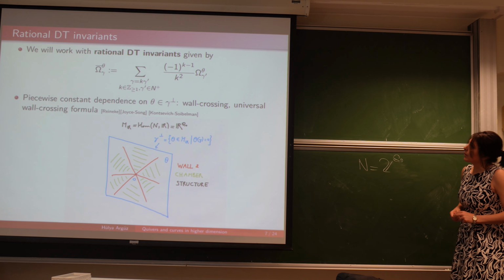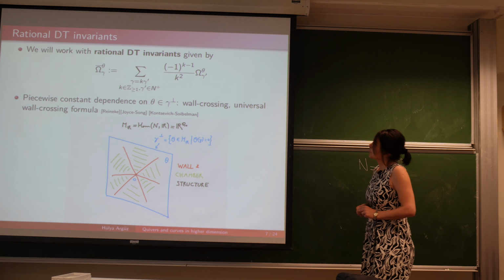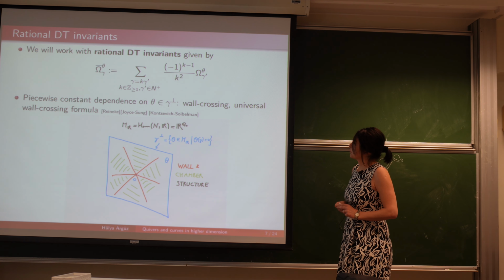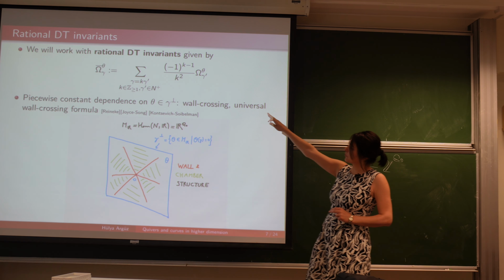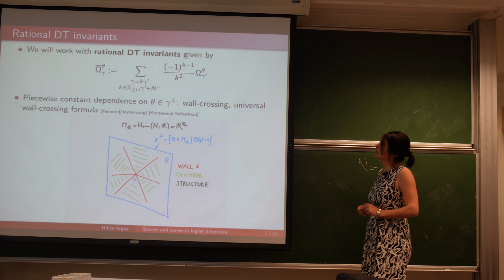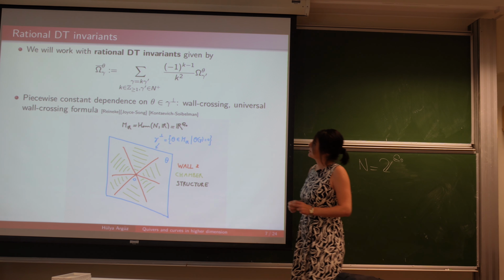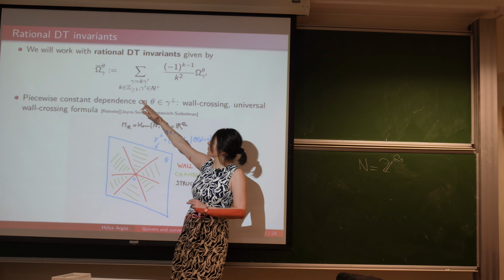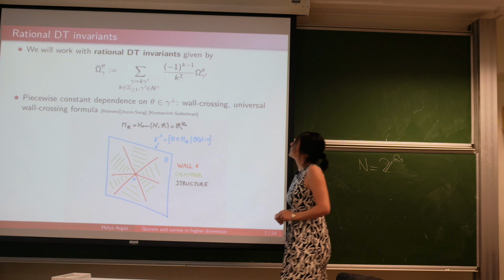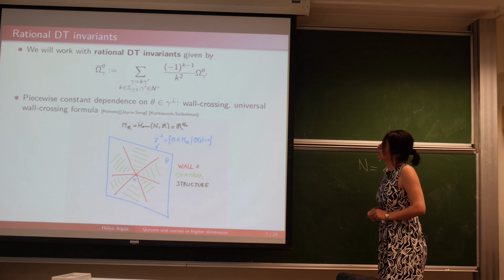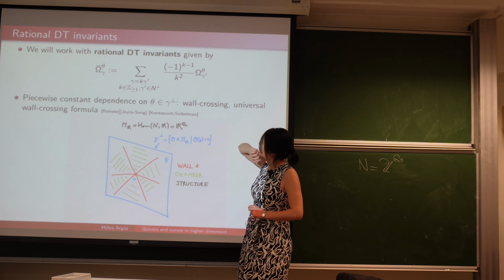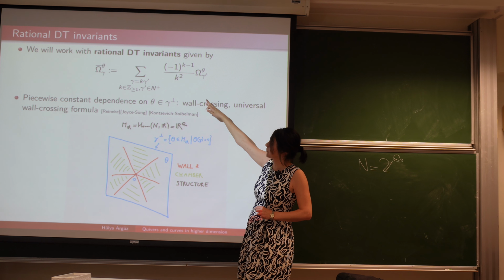And one nice property to remember about quiver DT invariants is the wall-crossing formula. Before that, let me point out that we will often work with a rational version of quiver DT invariants, which we call rational DT invariants, denoted by omega bar gamma theta, which for any dimension vector gamma and stability parameter theta are the associated quiver DT invariants up to some factor.